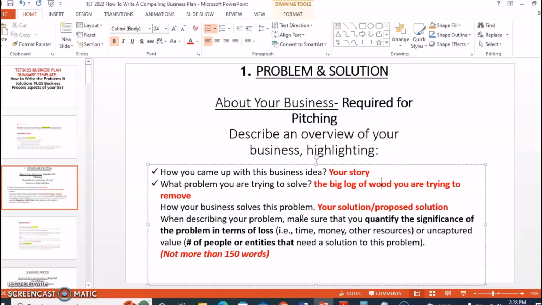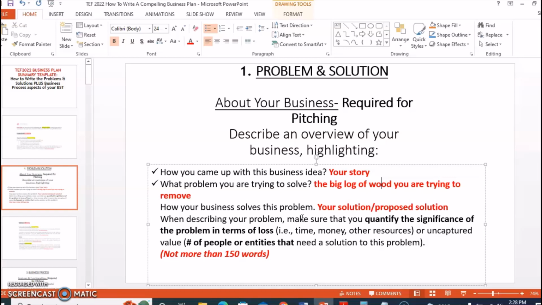You want to highlight that problem. According to the Tony Elumelu Foundation, you need to quantify this problem in terms of time, money, and resources that are being lost by the potential customers. And they have to be quantifiable. You have to put numbers to this. You have to show the significance of the problem.